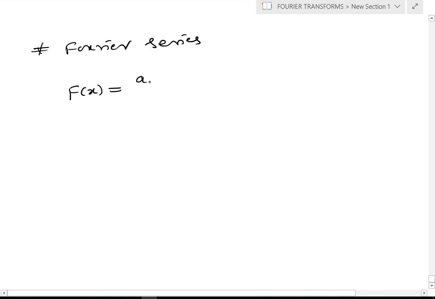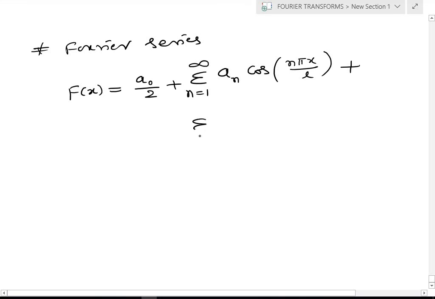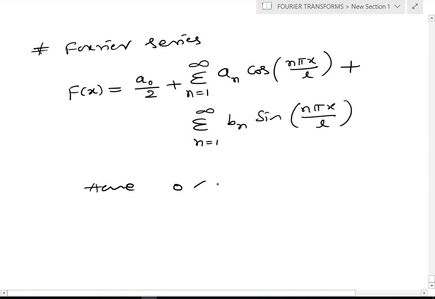Any function can be represented in terms of sine and cos terms: a0 by 2 plus sigma n equals 1 to infinity an cos of n pi x by L plus sigma n equals 1 to infinity bn sine of n pi x by L. This is any function f of x that can be represented here, for 0 less than x less than L.